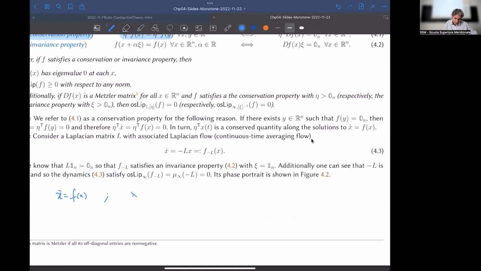Wouldn't it be x1 plus ... plus xn? That's the total quantity in the entire network. So this is 1n transpose x. Does that make sense? Is that right? All right, perfect.